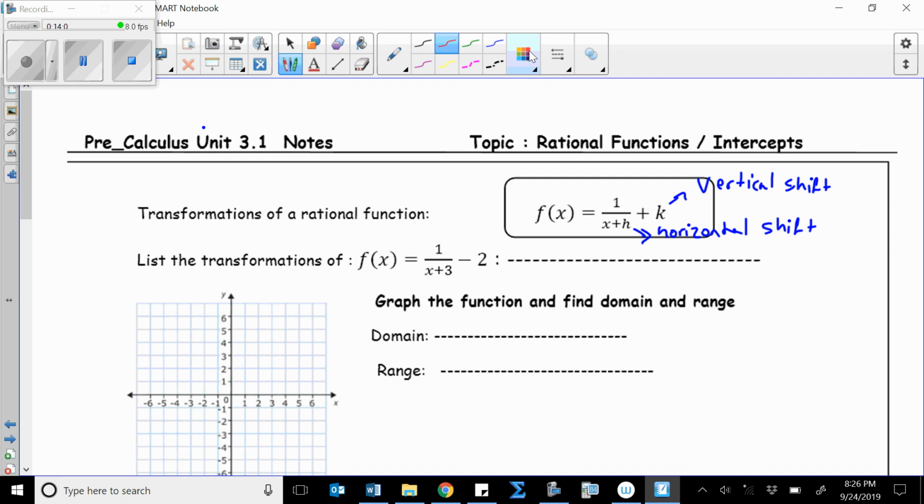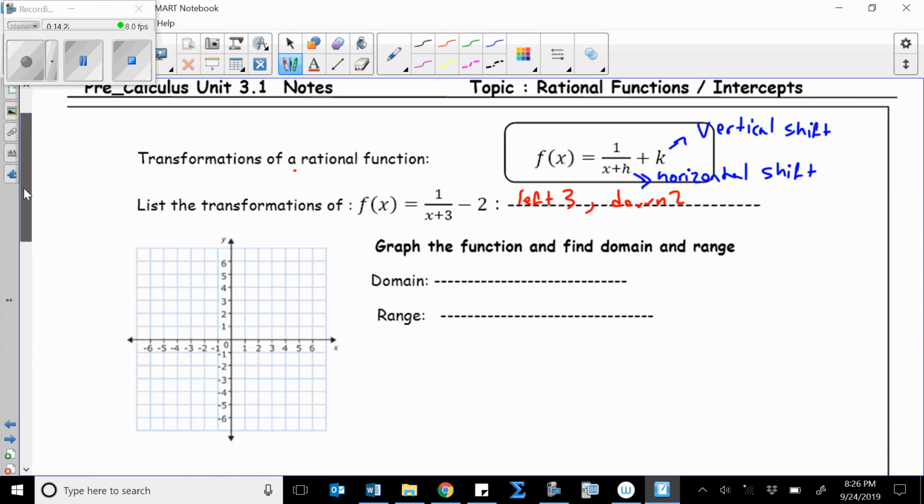On this example that you see here, we have 1 over x plus 3. We know that inside the function always behaves kind of inverse. We have x plus 3, but your function is going to move left 3. And then you have minus 2, which means your function is going to move down 2.